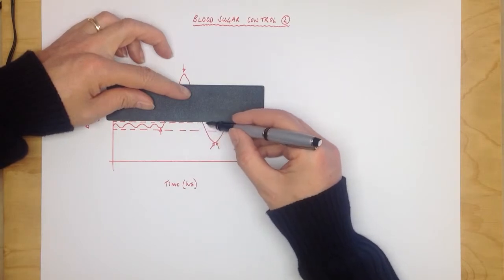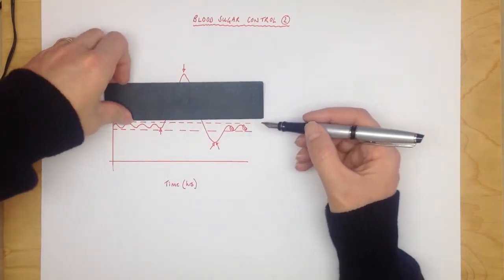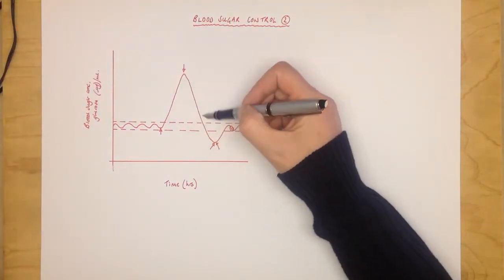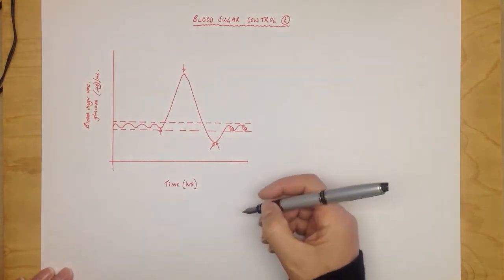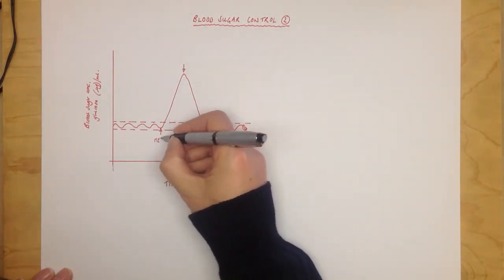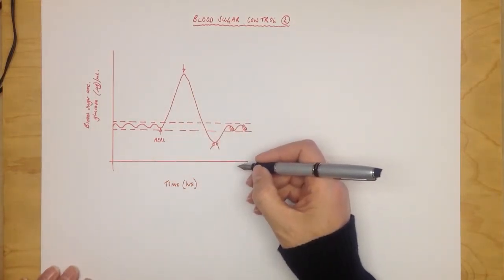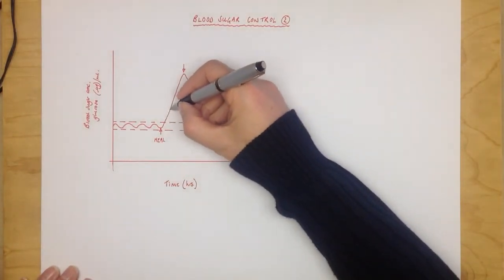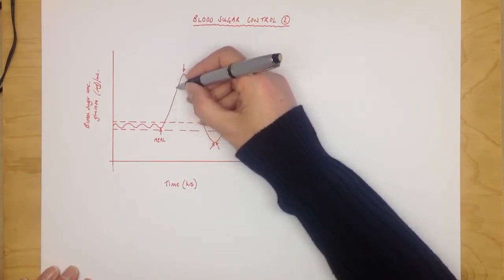Now you can see that for a short time, in this area here, the blood sugar levels are above the safe limit for the body. And what you've done here is you've had a meal, and your digested food is being absorbed into the blood, which is increasing the blood sugar levels.